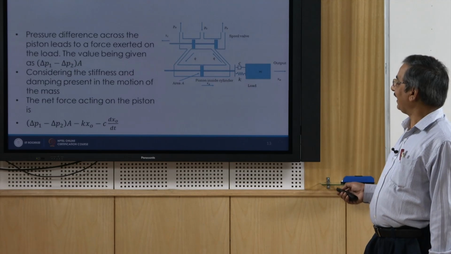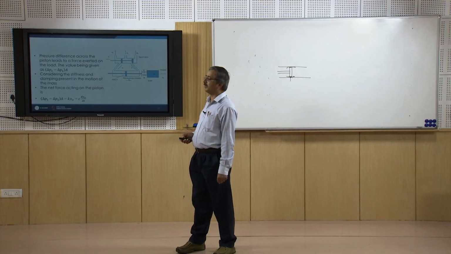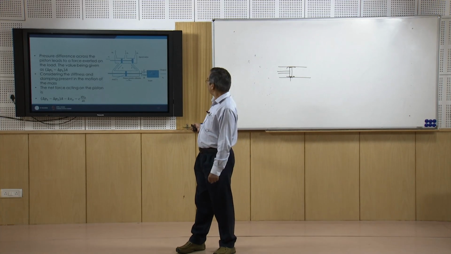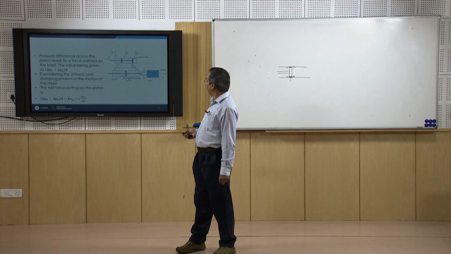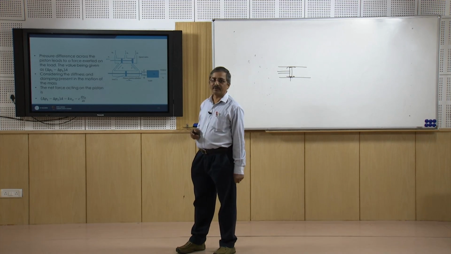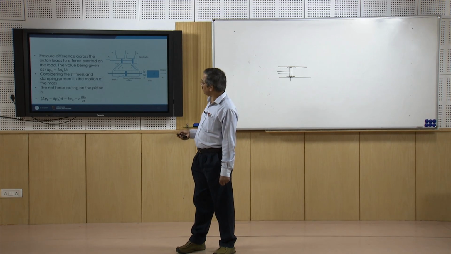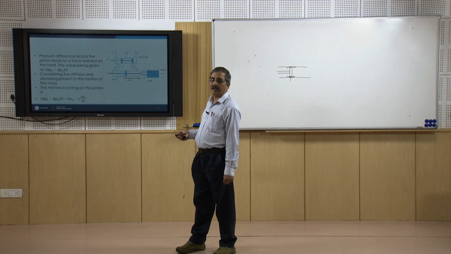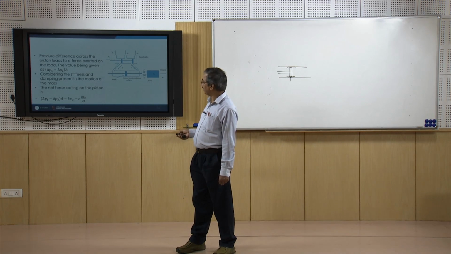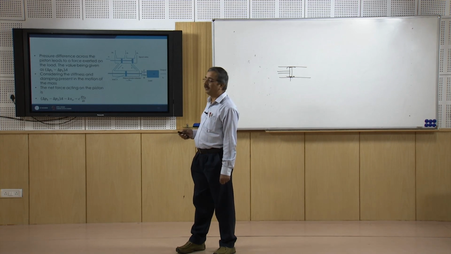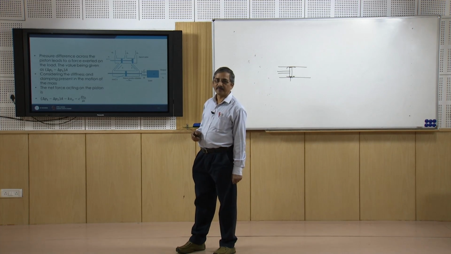And considering the stiffness and damping present in the motion of the mass, that is this mass, okay, the net force acting on the piston we can find out. This is the force which will be accelerating the mass, okay, or this is the hydraulic force basically, minus the force because of the stiffness present, and minus the force because of the damping present in the system, okay.